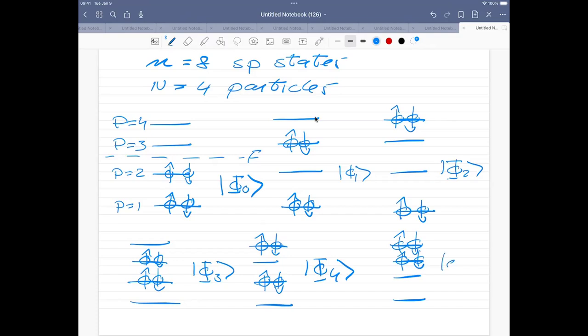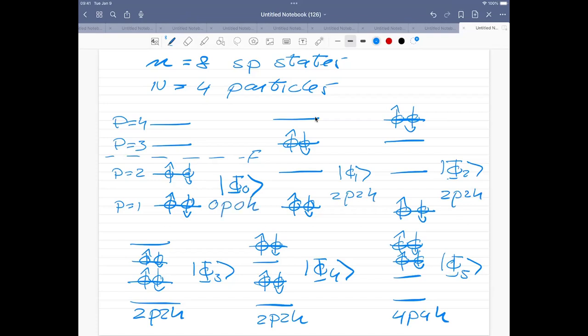And we can call this phi 5. In this particular case, this is a 4-particle 4-hole excitation. The others are instances of a 2-particle 2-hole state. And the final one, the ground state, is a 0-particle 0-hole state.